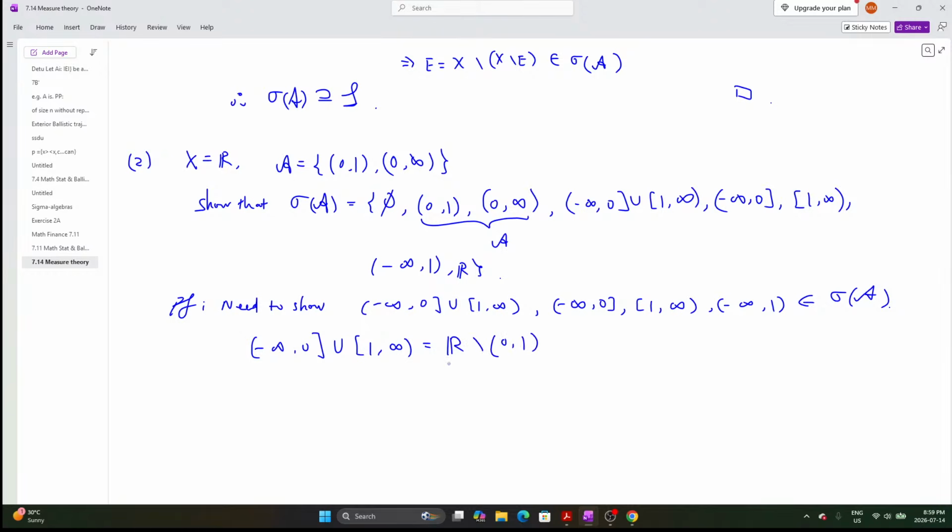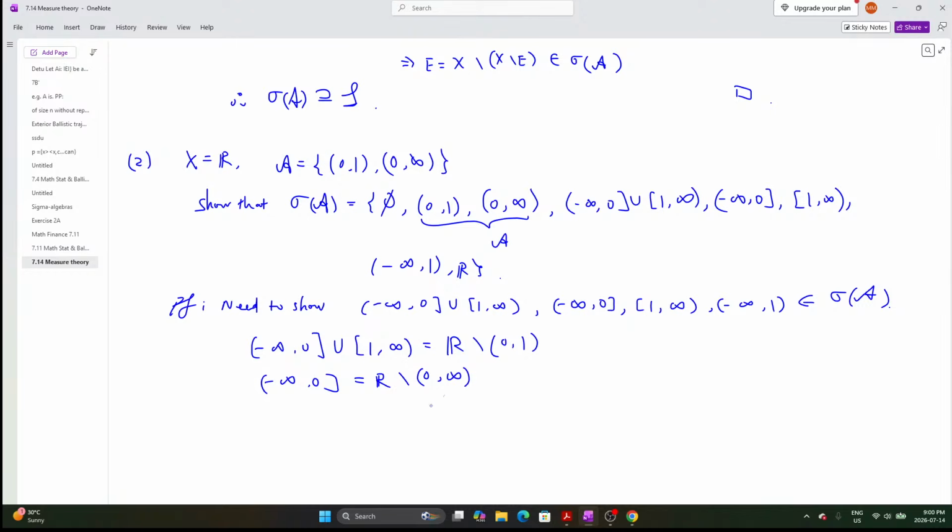So this is needed. And (minus infinity, 0], that's the complement of (0, infinity).